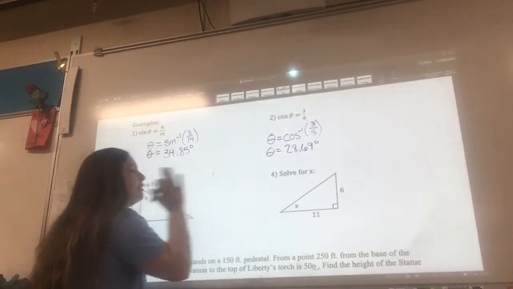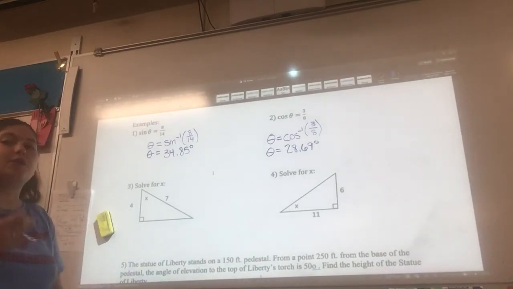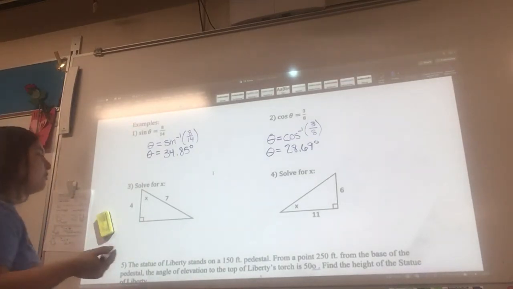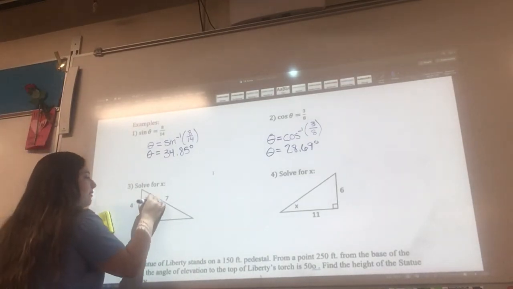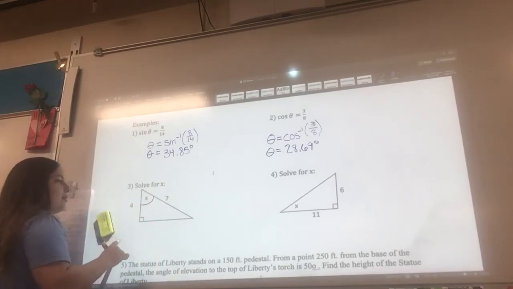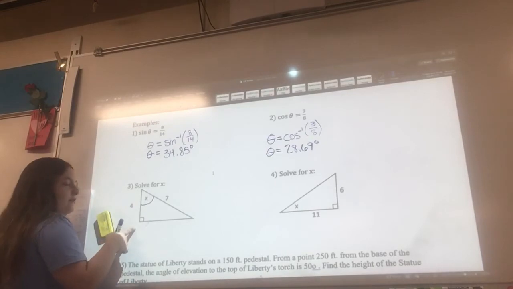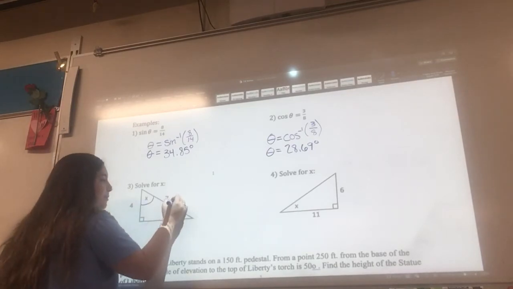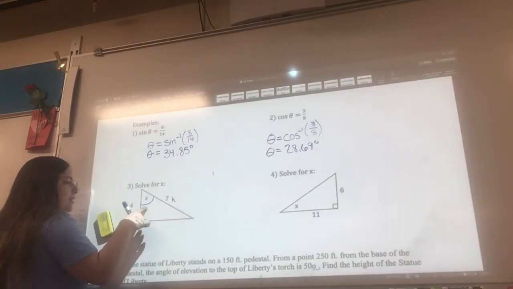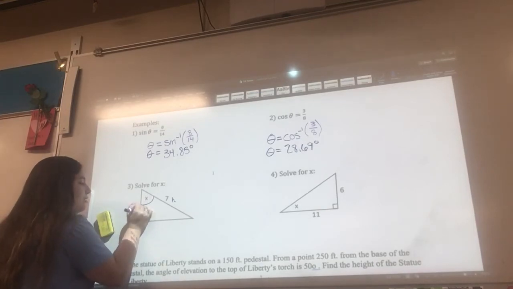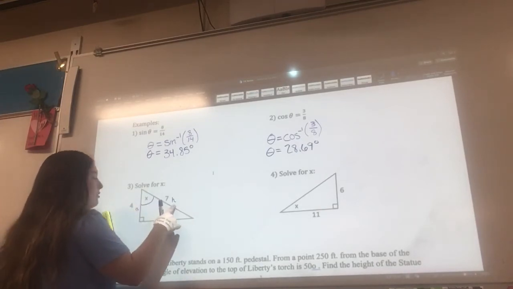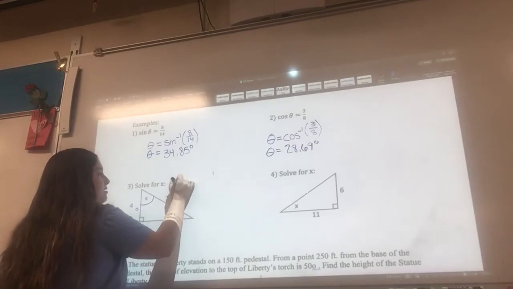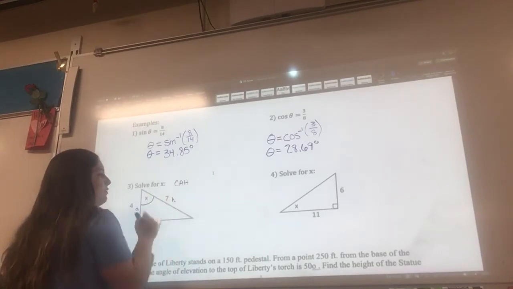3 and 4, same thing, except now we have to determine which trig ratio to use. So we're looking for this angle of x and we are given 4 and 7. 7 is across from the 90 degrees, so this is our hypotenuse. And 4 is touching our angle, so we are adjacent. We have HH, AH, which means we are using cosine.